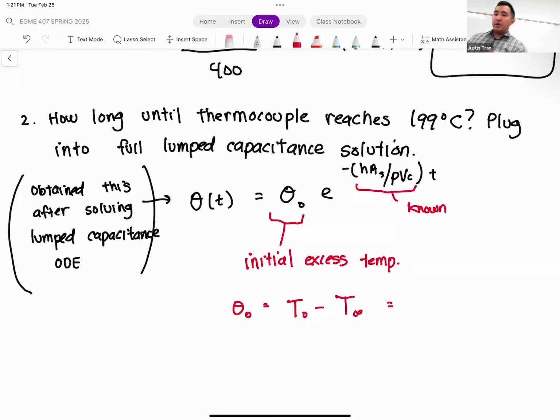We know from this problem that the initial temperature of this object was 25 degrees C, and the fluid temperature here is 200 degrees C. And so we take the difference. This is minus 175 degrees C.